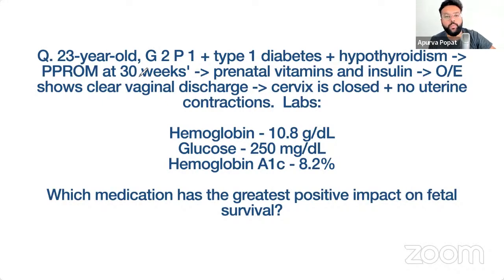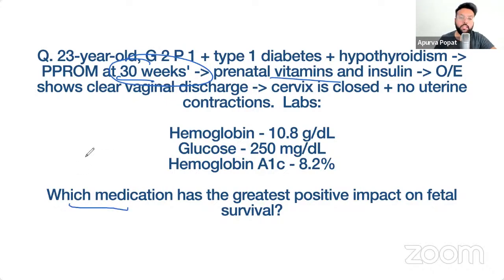A 23-year-old G2P1 with type 1 diabetes and hypothyroidism comes to you with preterm premature rupture of membranes, PPROM, at 30 weeks. She's taking vitamins and all those things. What will you give to the diabetic mom at 30 weeks to prevent a negative outcome in the fetus?